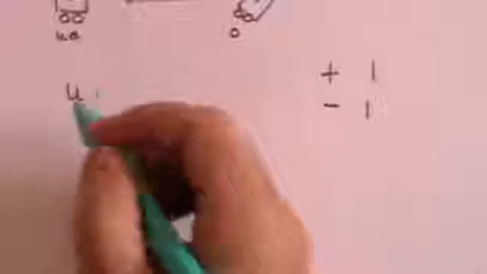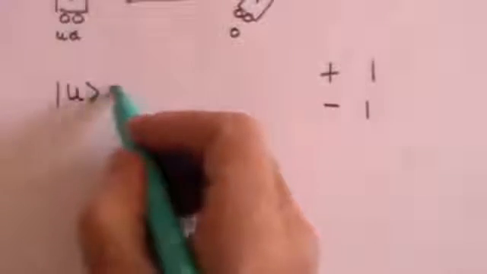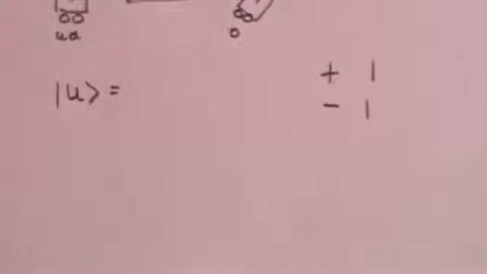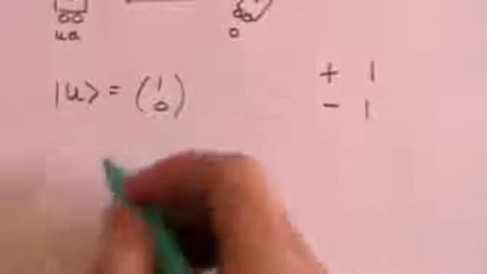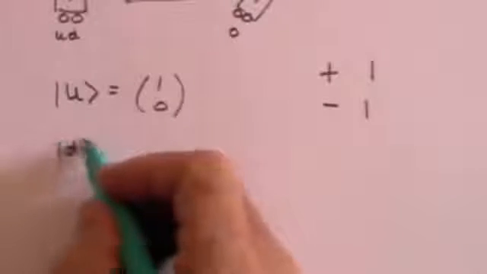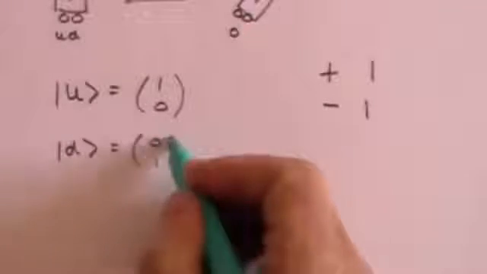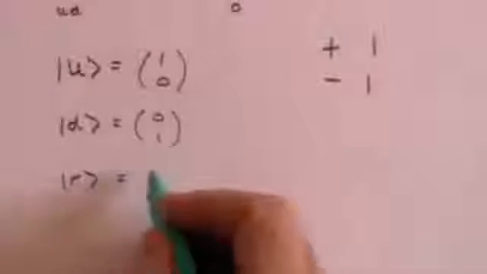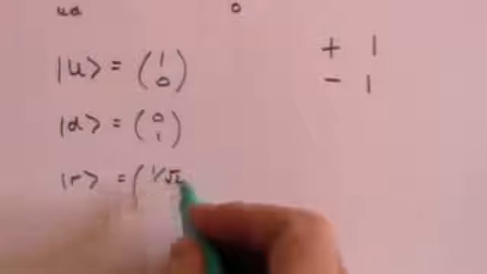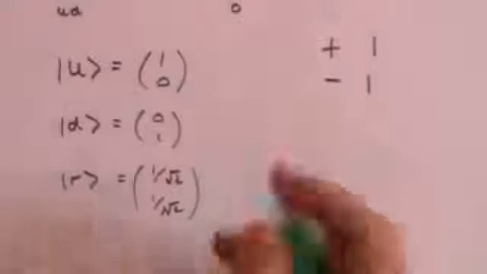The eigenvectors that we identified, and this, remember, was fully identified in the quantum mechanics concept series, which is why I'm going over it quickly now. Up was represented as 1, 0. Down was represented as 0, 1. Right was represented as 1 over root 2, 1 over root 2.